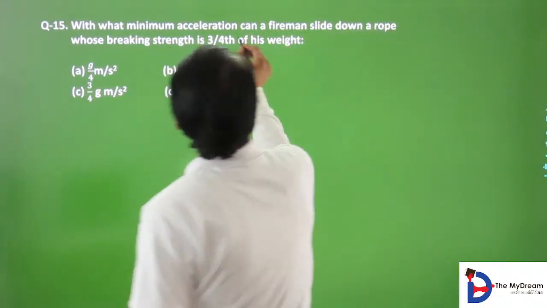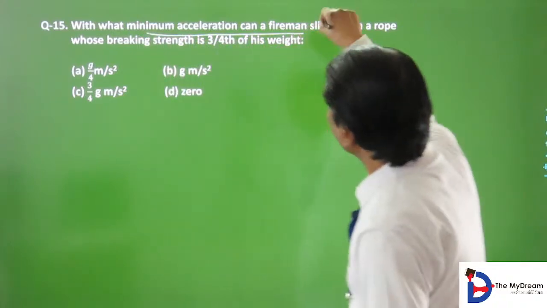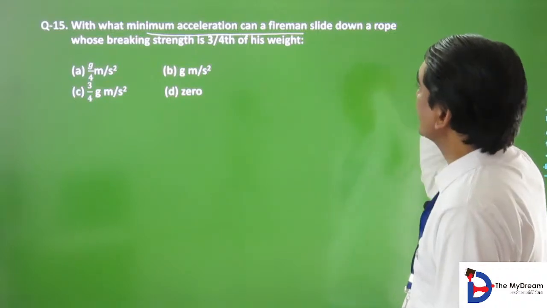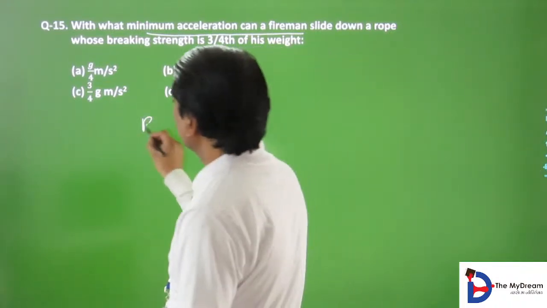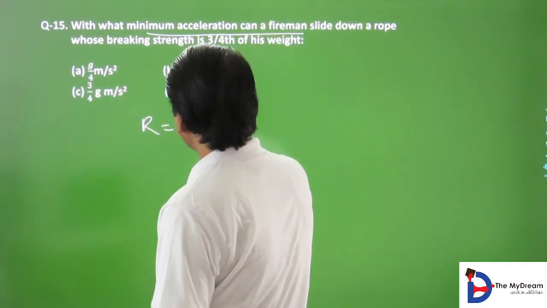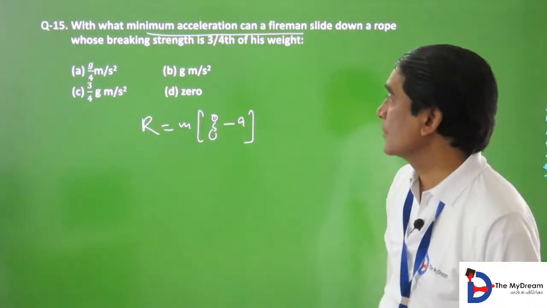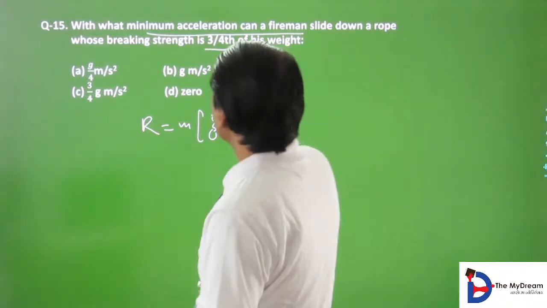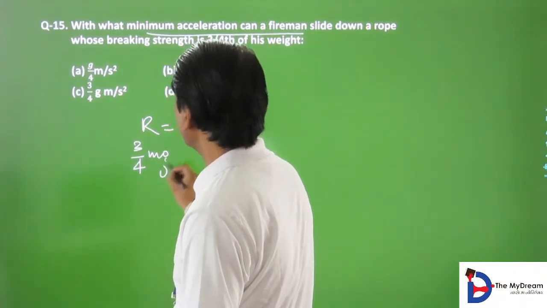So what will be the minimum acceleration with which a fireman can slide down? He is going downward, so what will you write? And this is 3/4 of the actual weight.